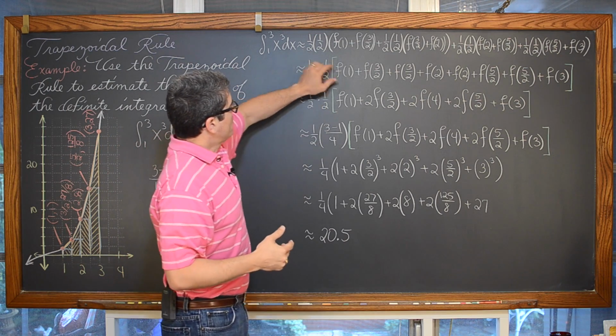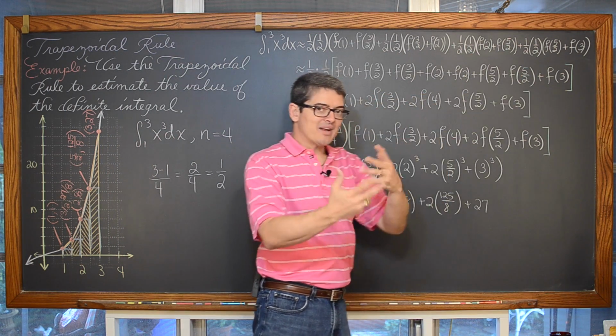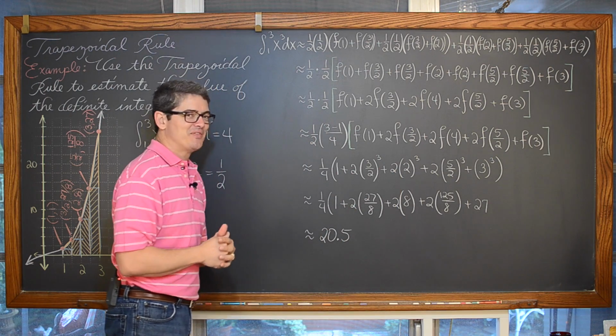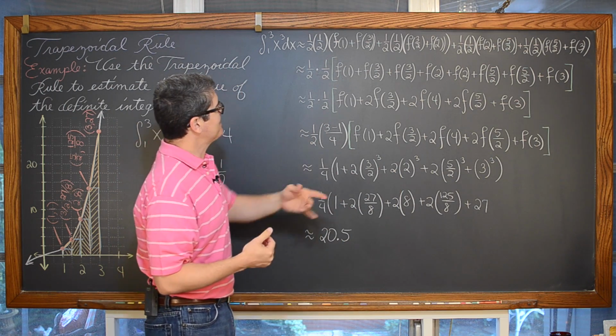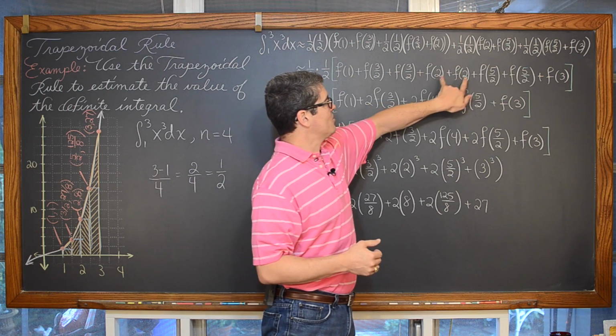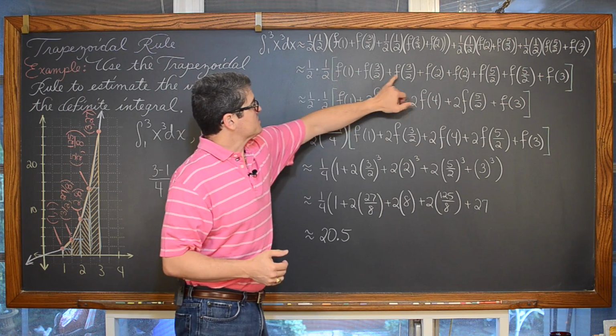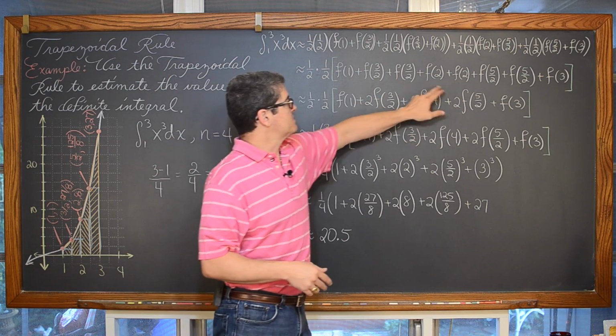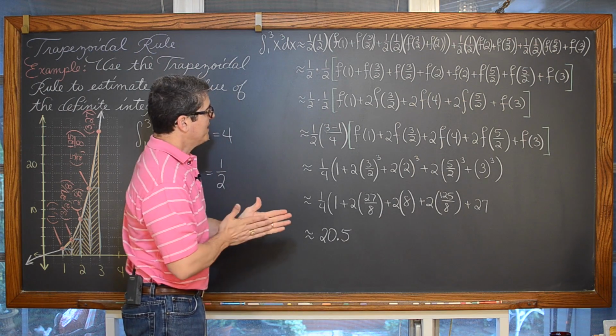Well, when you factor the 1/2 times 1/2 out of each of these 4 terms, you see that there are some like terms that you can add together. So there's 2 f of 3/2 and 2 f of 2 and so on. I know you can read that.